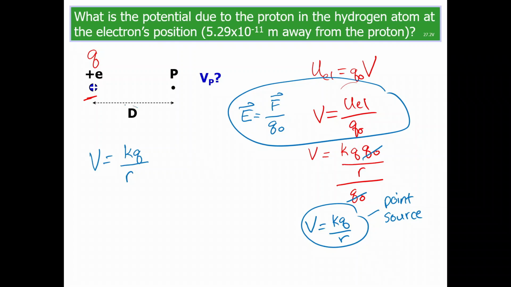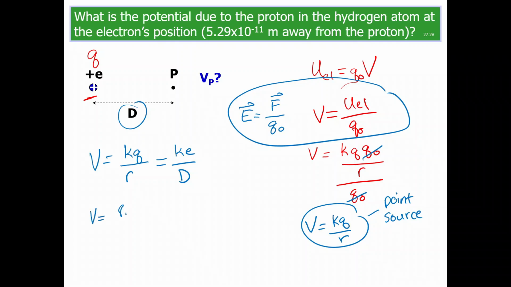R is going to be this distance D between them. Q is going to be the elementary charge right there. So I could rewrite this as KE over D, using the symbols that are actually in the diagram provided for us.